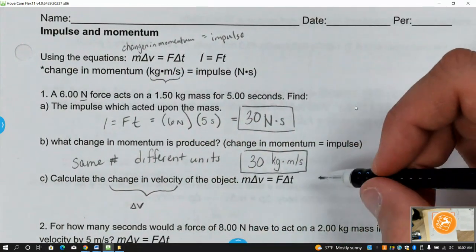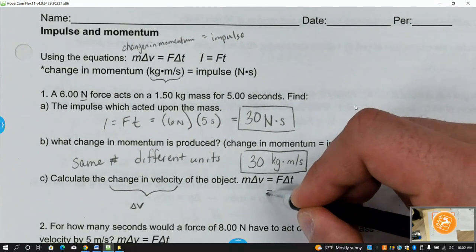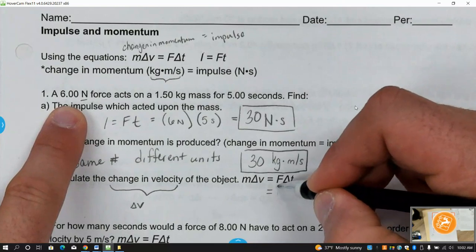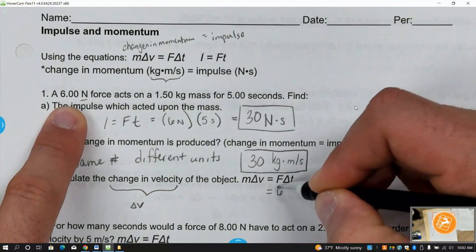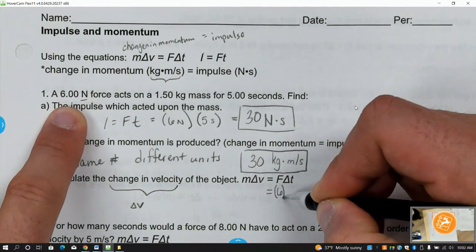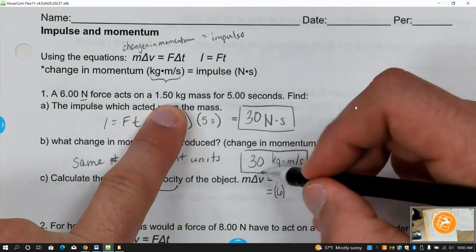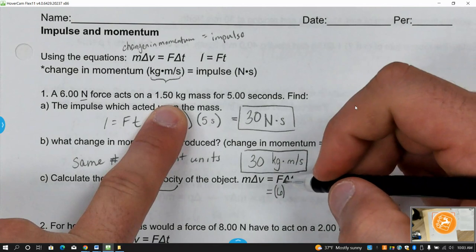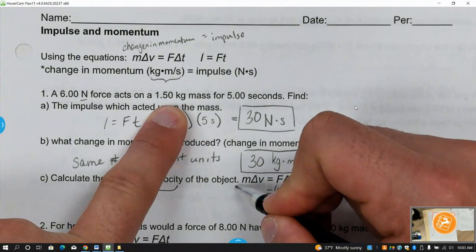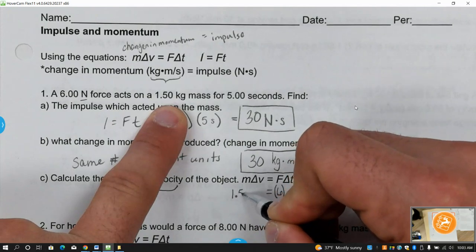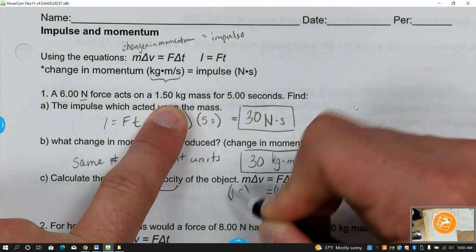M, V, F, or T? F. So I'm going to drop my equal sign real quick. So newtons is force, so I'm going to put that under F. 6. Next one is kg. What is that going to go under? M, V, or T? M. All right. Kilograms is mass, so 1.5 will go under M.